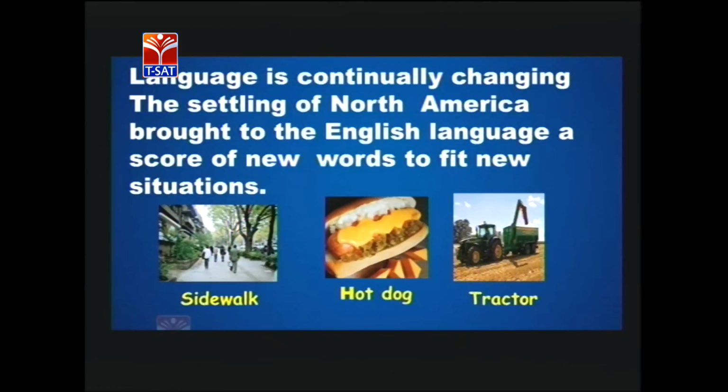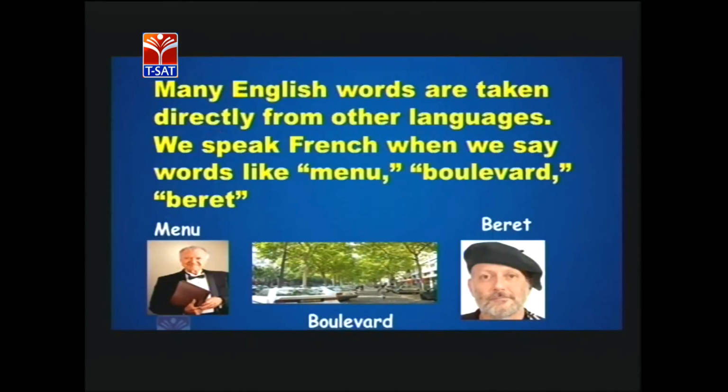So, the meaning of these words: sidewalk means pavement. Hot dog means a soft roll topped with various condiments. Tractor means we use this in our agriculture field. So, language is continuously changing.